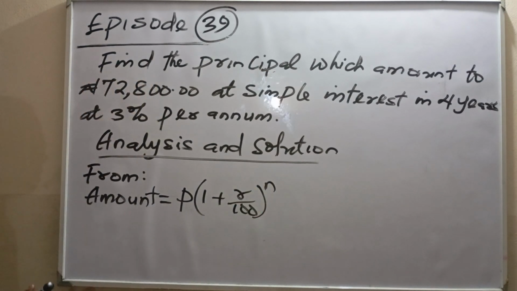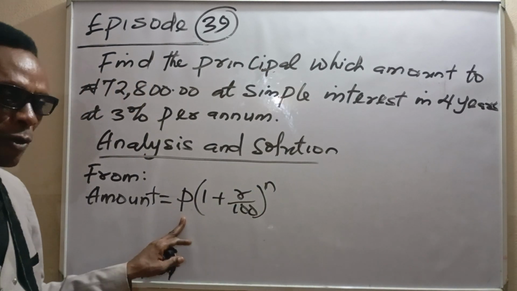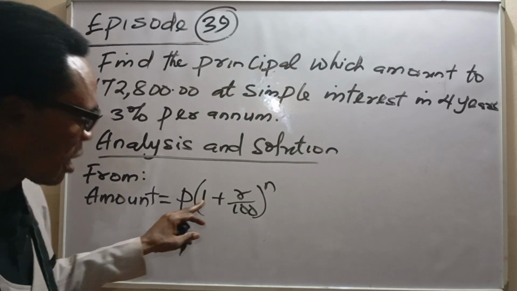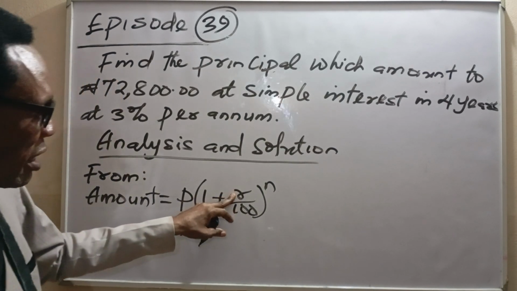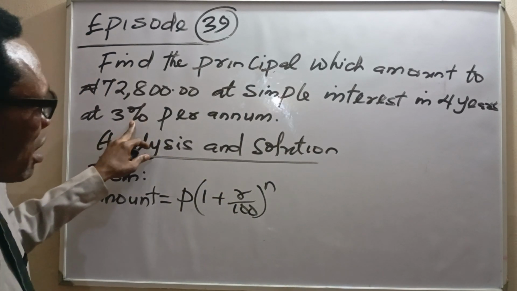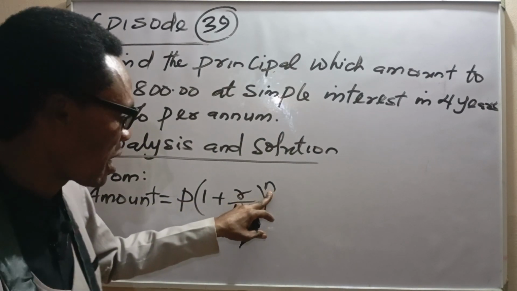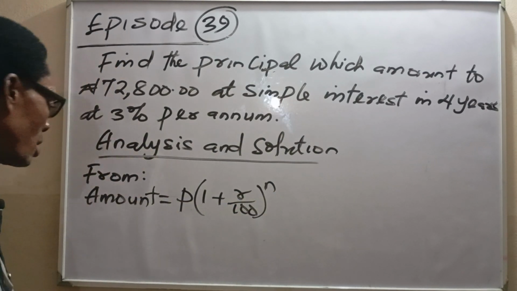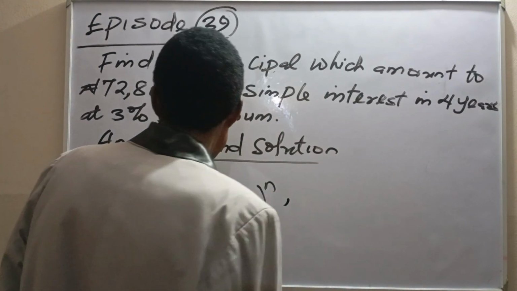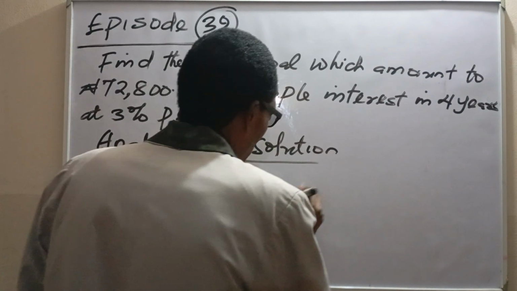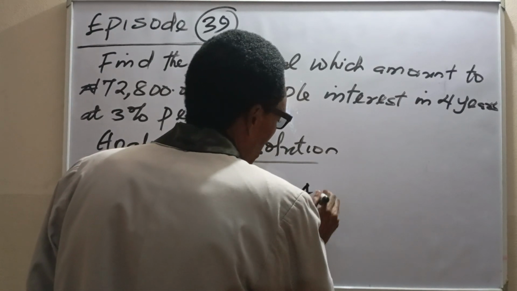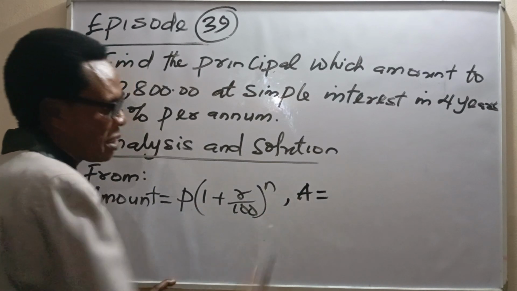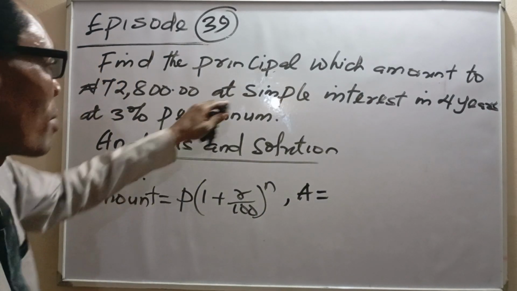Here P stands for principal, R stands for rate percent, and N stands for years. Let's use A to represent our amount.